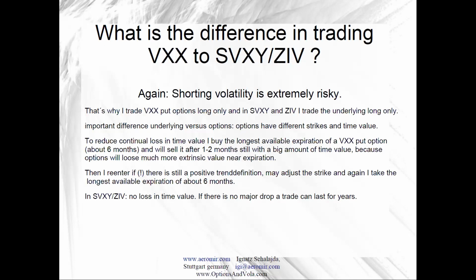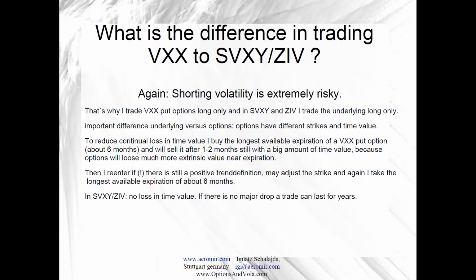So to reduce continual loss in time value, which is the so-called extrinsic value, I buy the longest available expiration of VXX put options, which is about 6 months, and will sell it after 1 to 2 months, still with a big amount of time value, because options will lose much more extrinsic value near the expiration.